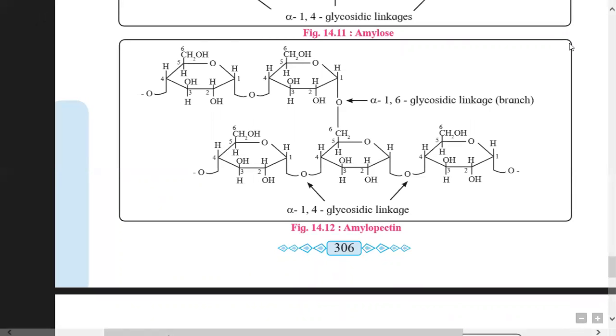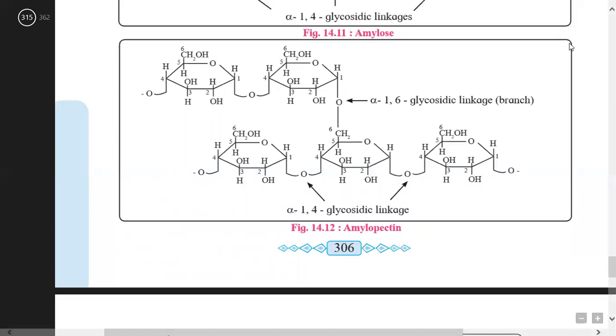Here, this is again a glucose molecule, carbon number 1, 2, 3, 4, 5, and 6 with this oxygen. This is one glucose molecule, cyclic structure. This is the other glucose molecule. In this way, these glucose molecules are linked together by alpha 1,4 glycosidic linkage.